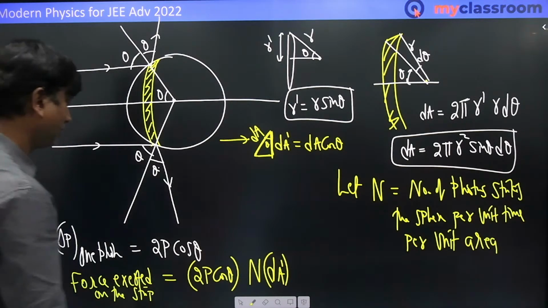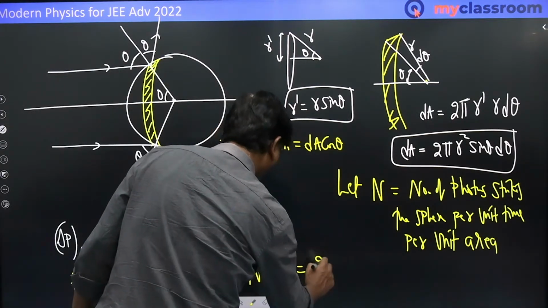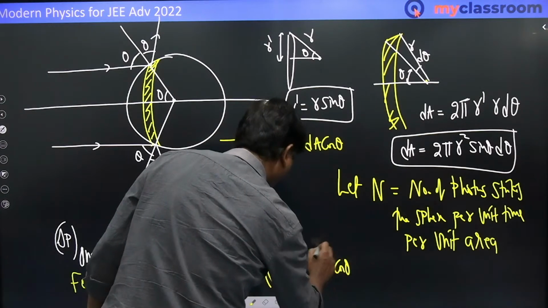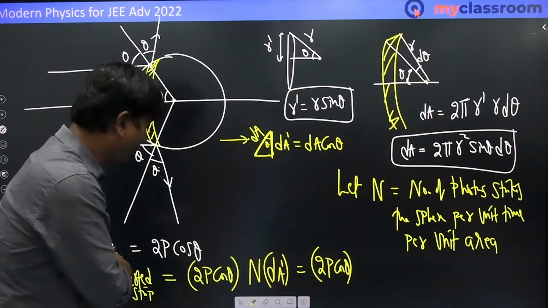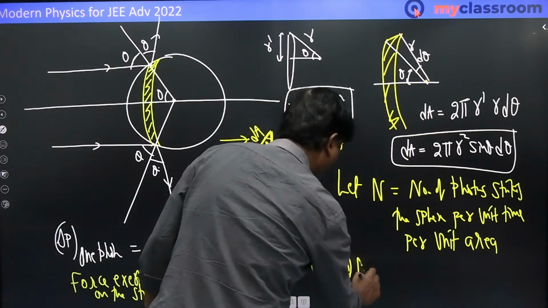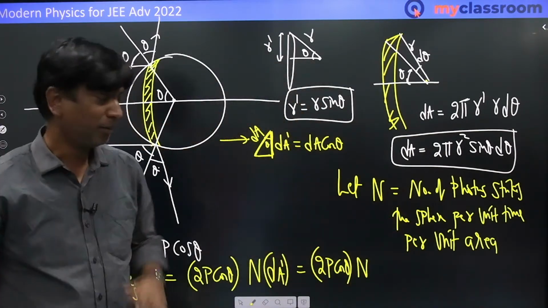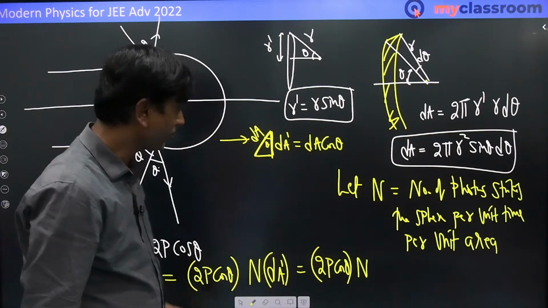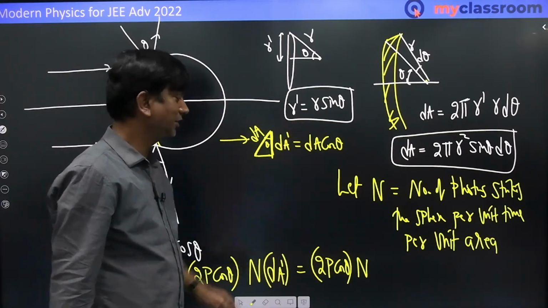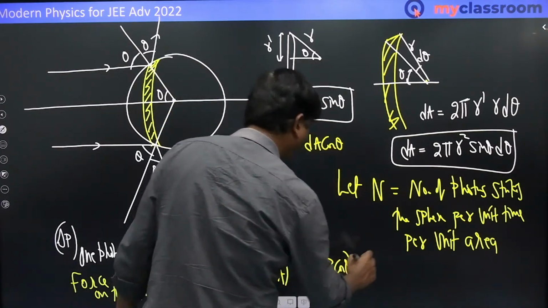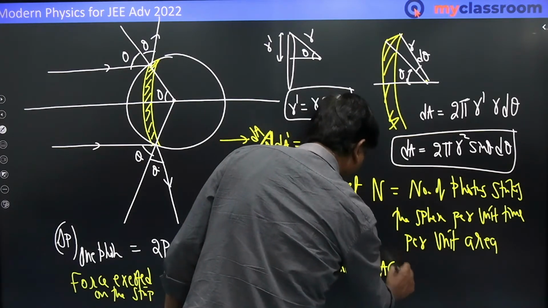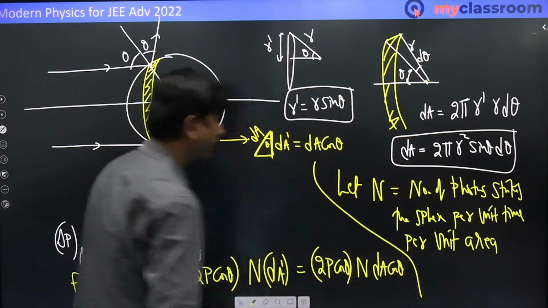So that comes out to be 2p cos theta, the change in momentum of one photon, into n, the number of photons striking per unit area per unit time, into the exposed area, which is dA cos theta.